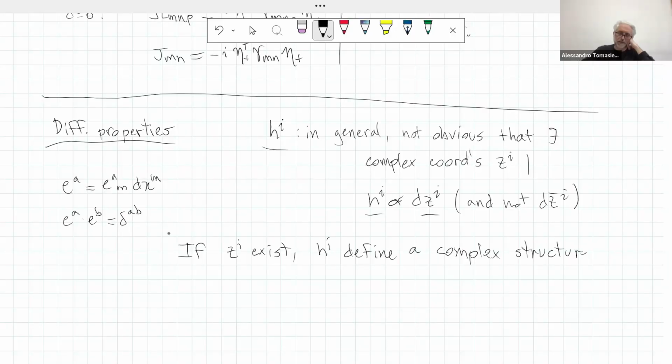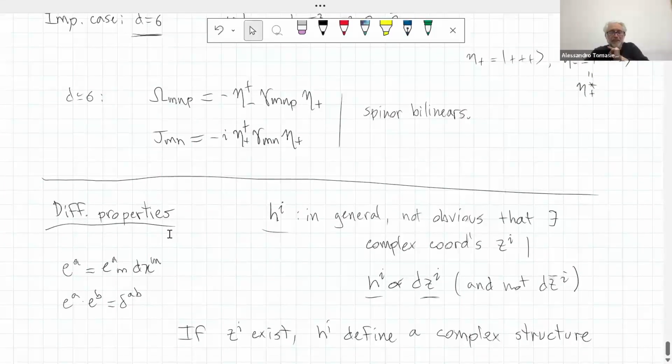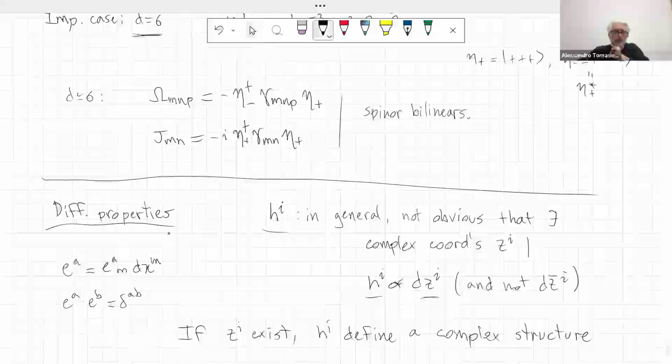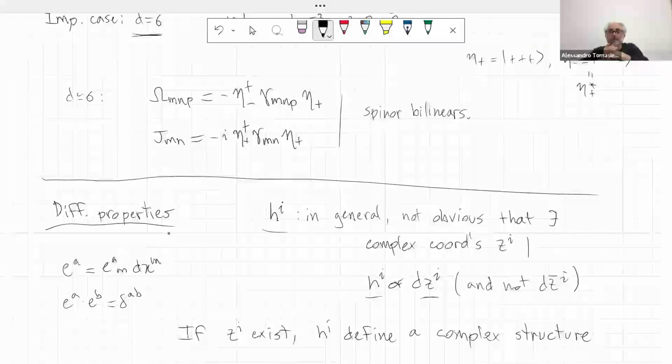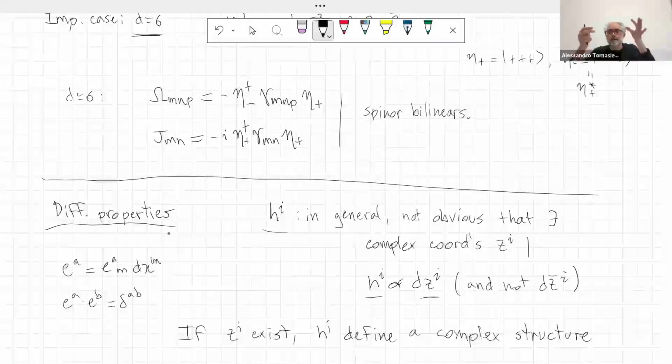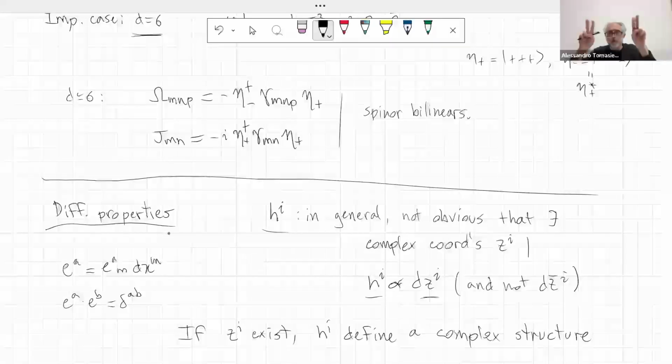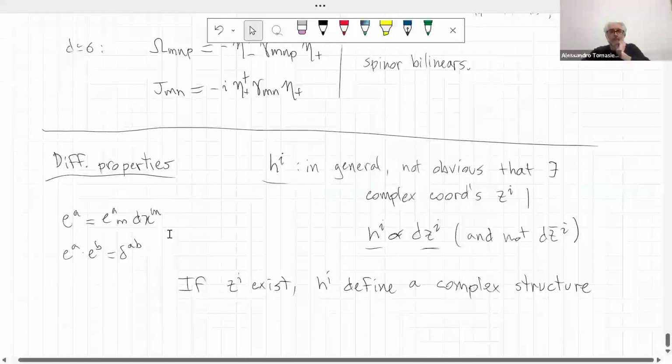You can also turn the thing on its head and say that the complex structure is given by the choice of the complex coordinates. What is non-trivial then is that these complex coordinates have anything to do with your original omega. This omega needs to be the holomorphic volume form with respect to some complex coordinates.